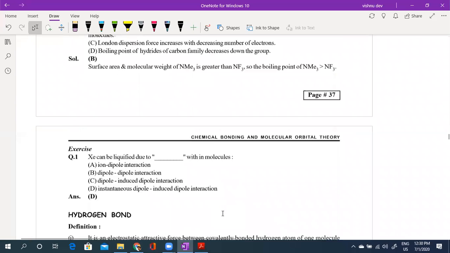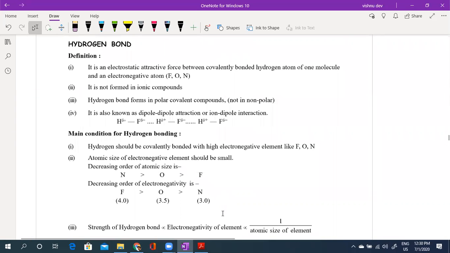Now hydrogen bond, as I said, is a special case of dipole-dipole interaction in which hydrogen should be there. Hydrogen should be attached with fluorine, nitrogen or oxygen, highly electronegative atoms, right?